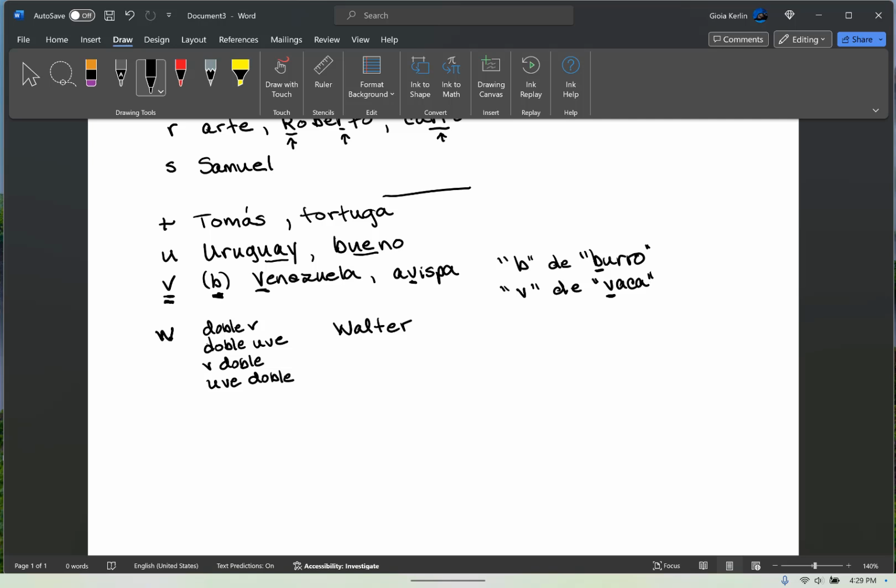Okay, next letter is X. And X has a couple different sounds, and honestly, there's not really a rule about what environment affects either sound. You kind of have to just memorize X. X can have an H sound, like a hard H. For example, in the name Jimena.